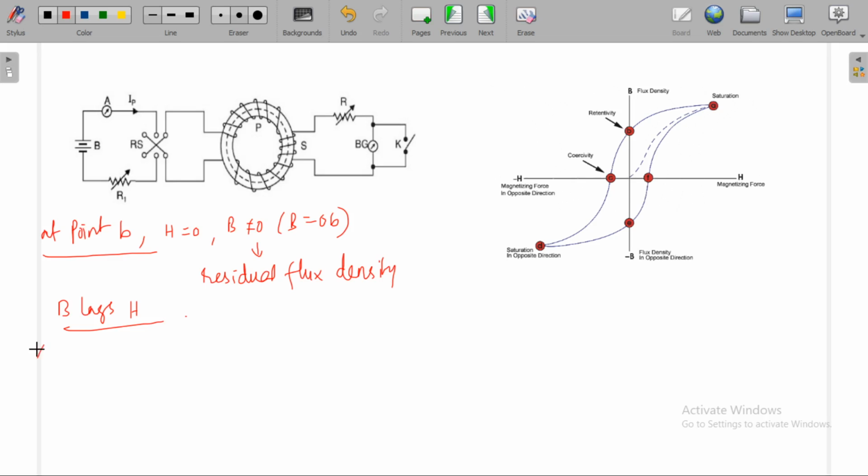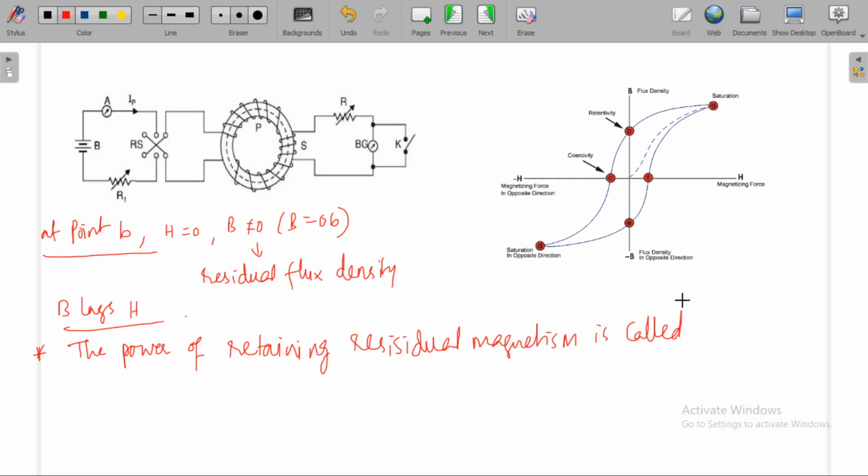Okay. Here we have one definition. The power of retaining residual magnetism is called retentivity of the material.